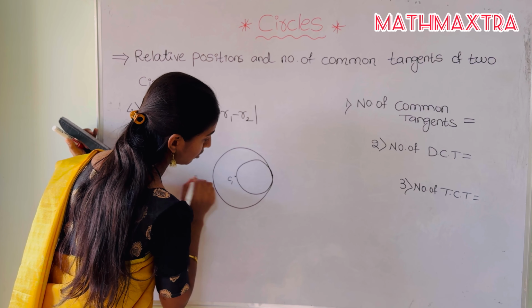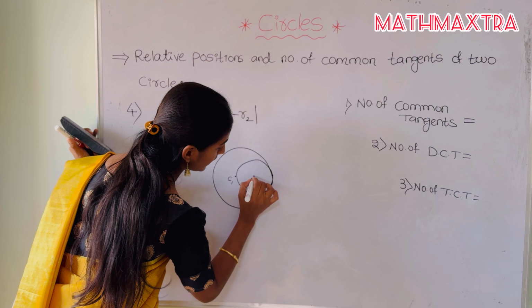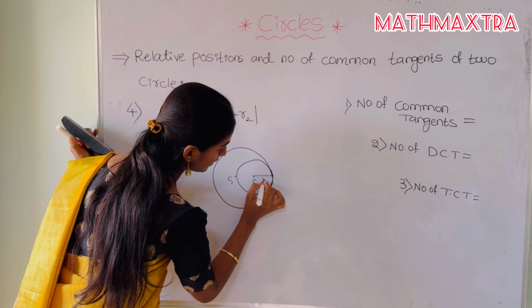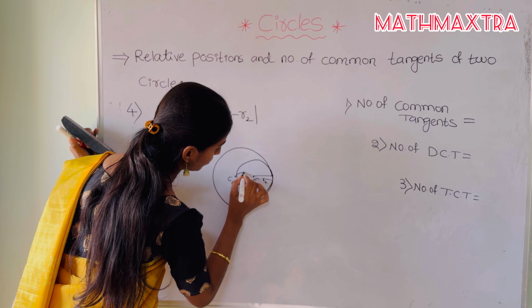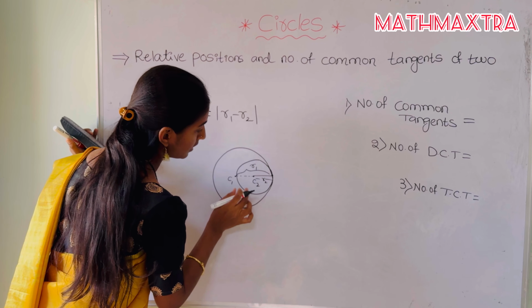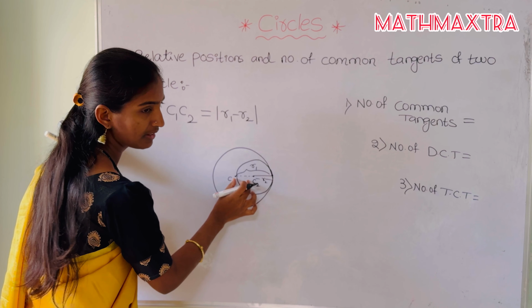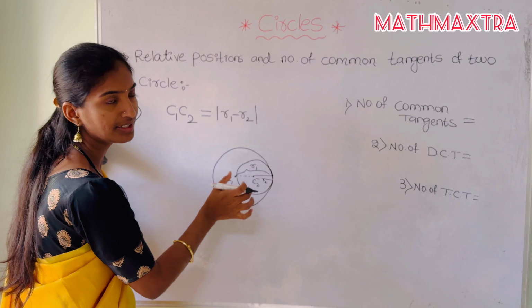This is the center of the first circle and this is the center of the second circle, and this is R2 and this total is R1. Now the distance between C1 and C2 is equal to the difference of R1 and R2, isn't it?